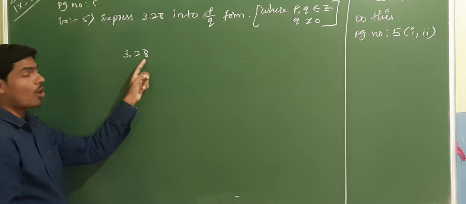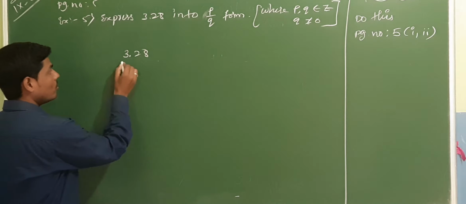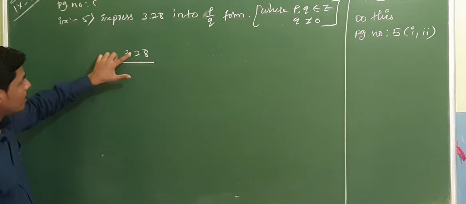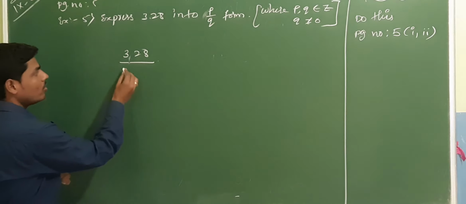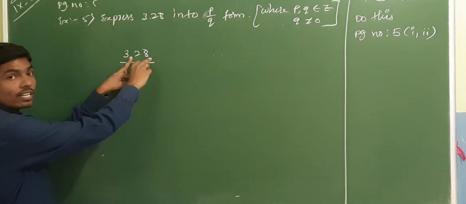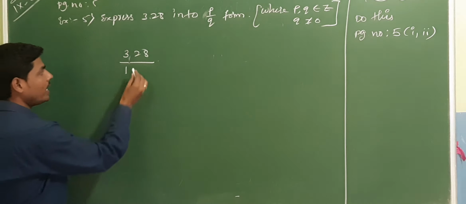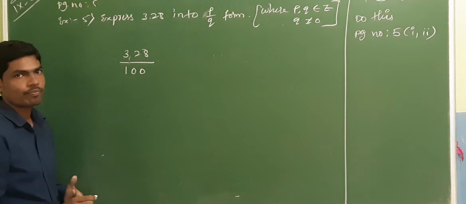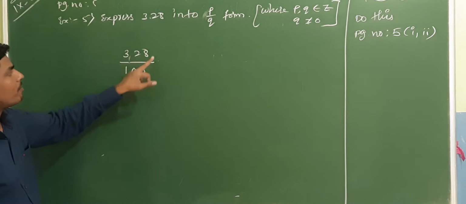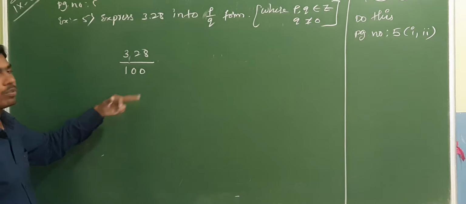When converting into p by q form, remove the decimal. Instead of the decimal, write 1 in the denominator, and after the decimal there are 2 digits, so you take 2 zeros. Now 328 by 100 is in the form of p by q, but we have to simplify.